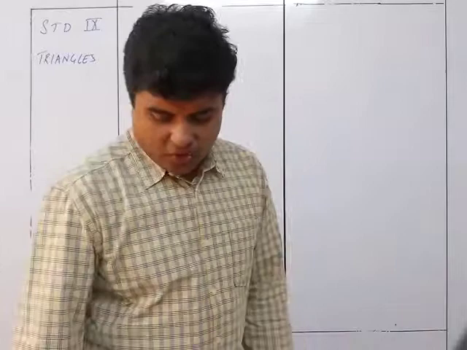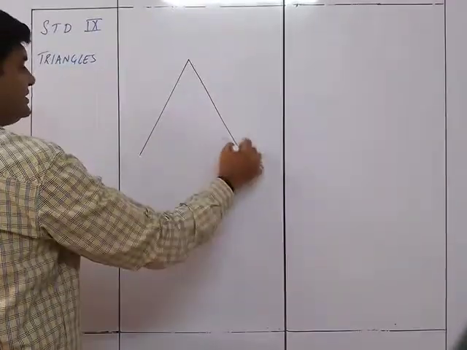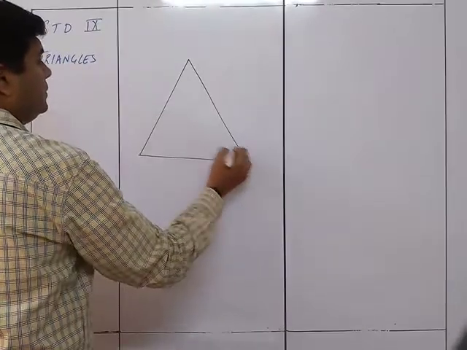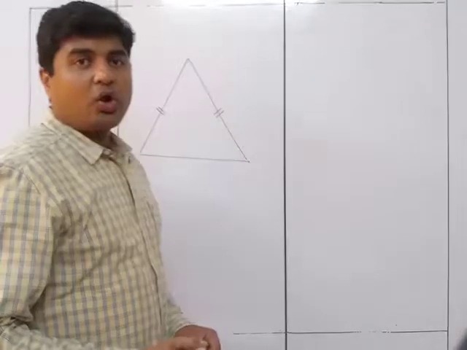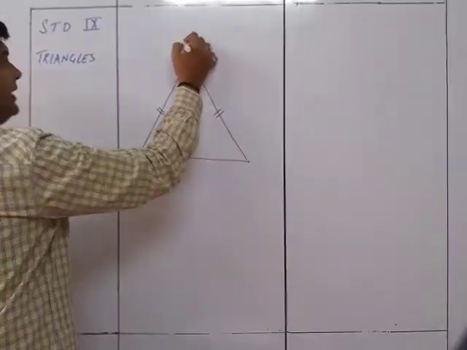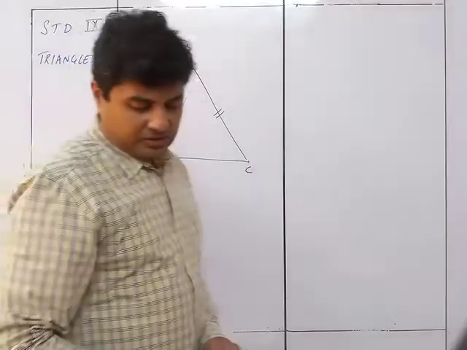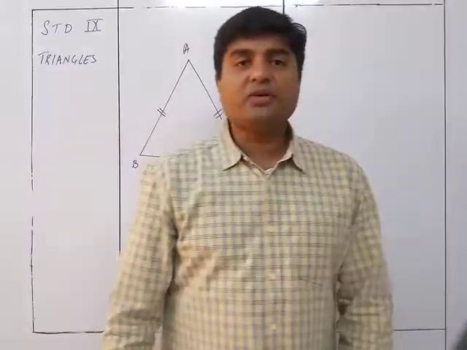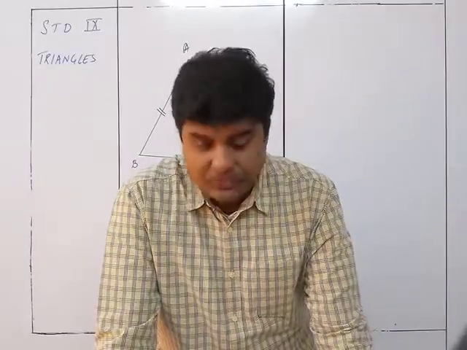So if I have a triangle over here such that this side is equal to this side, then I call this triangle ABC an isosceles triangle. So a triangle in which the lengths of two sides are equal is called an isosceles triangle.